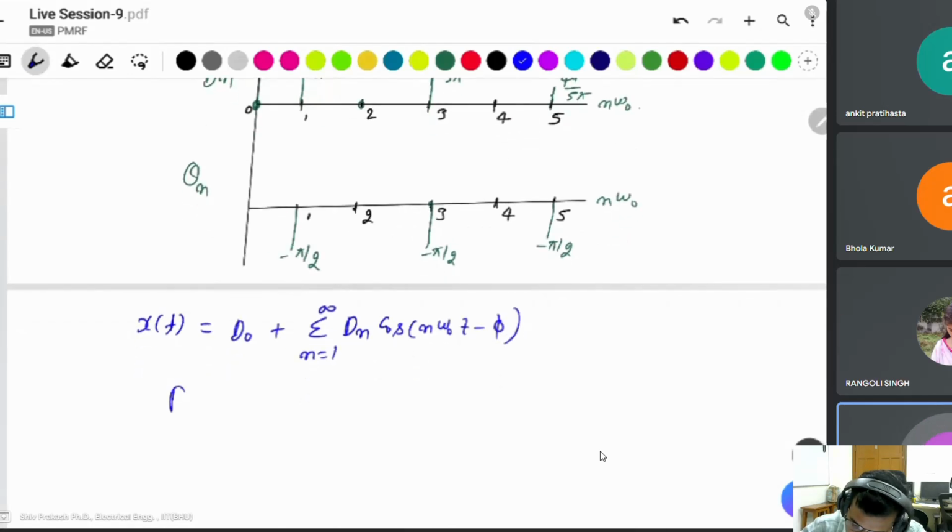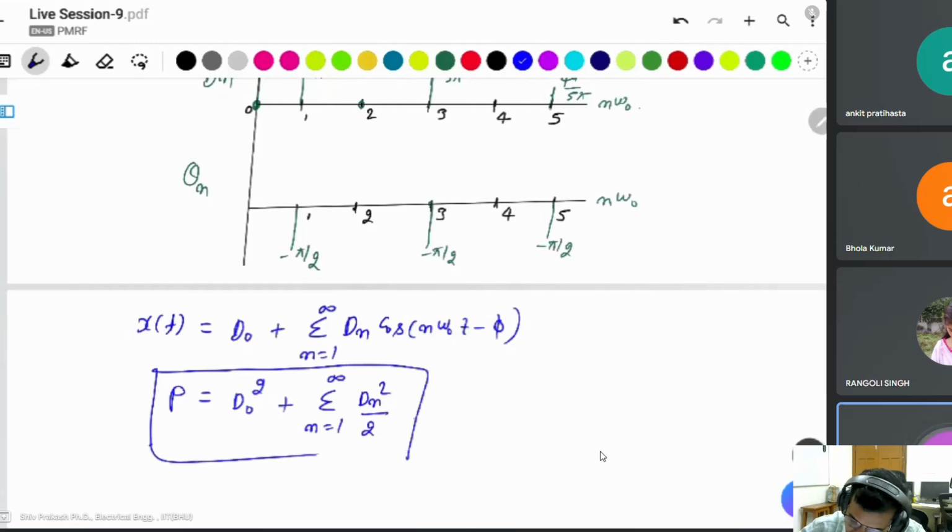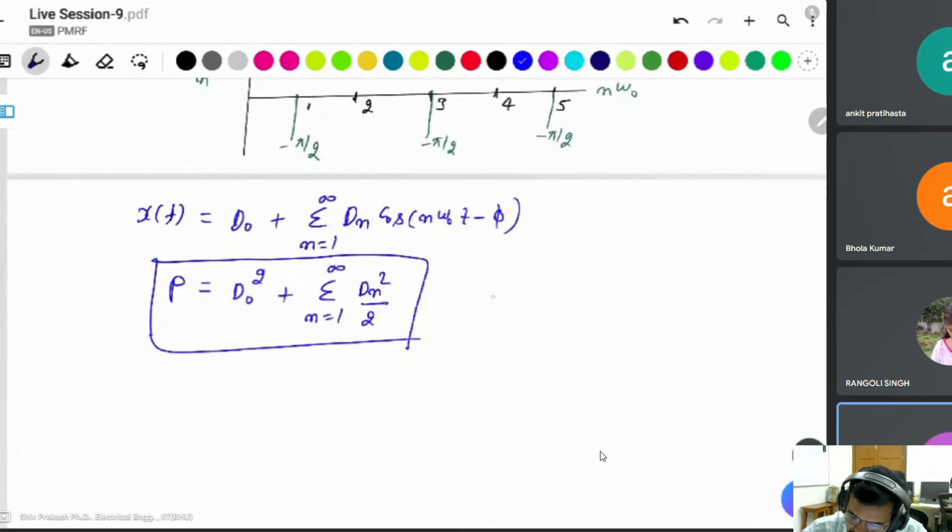To calculate the power of the signal, it will be d₀ square plus the summation of n equal to 1 to infinity dₙ square by 2. This is the power of the signal. You can calculate simply by this. And RMS of the signal is root of P. We will calculate the RMS of this function also.